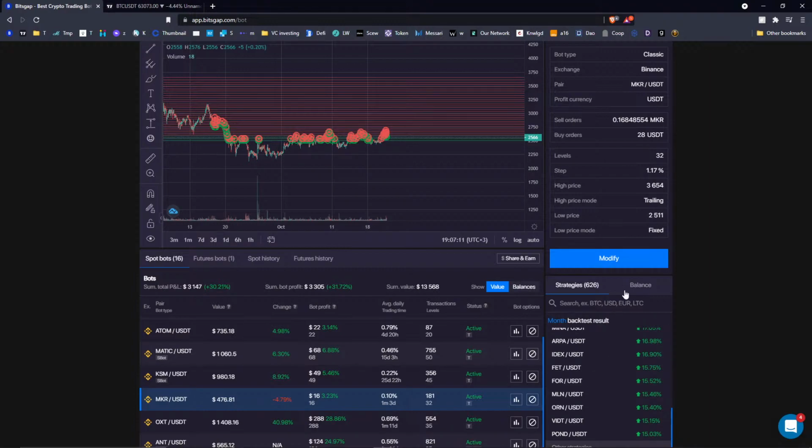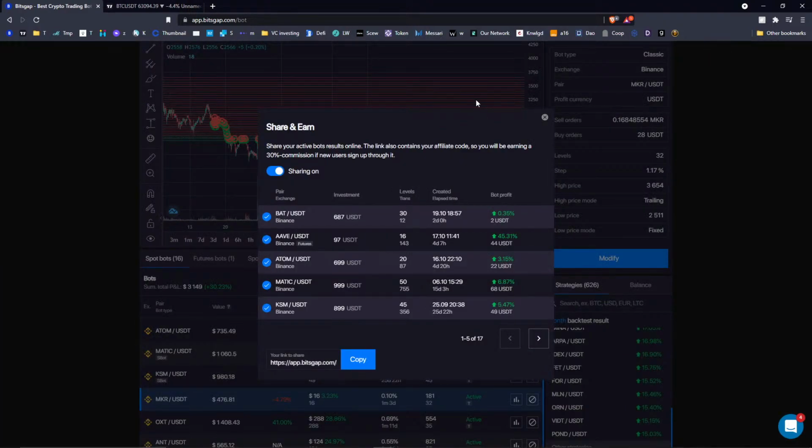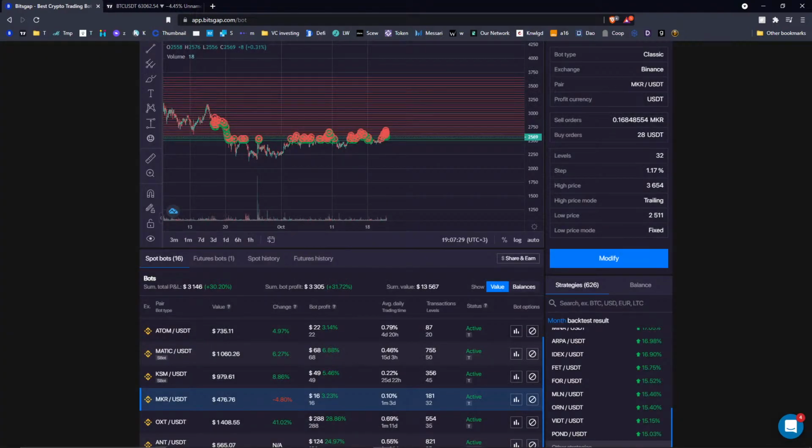So that's the way for you to kind of copy paste the configuration as of now. And also you can use this Share and Earn feature so that the rest could see your configurations and copy them.